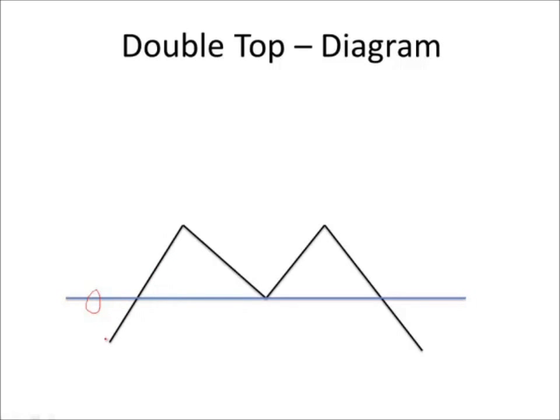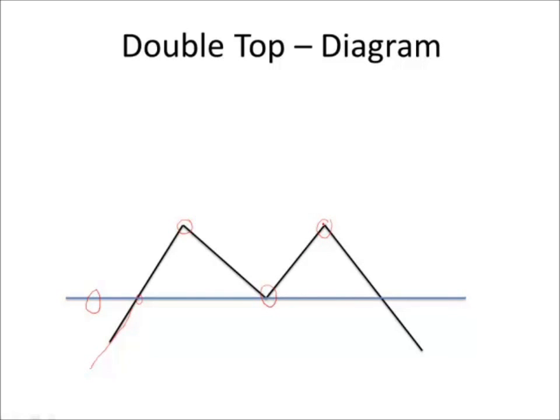And we have the price starting off on its usual uptrend from here, comes up, goes through the neckline point, and it makes its first peak up here. Right, this is the first top. Following that, the price then comes back down and bounces off the support line or the neckline before going back up to the second point here.